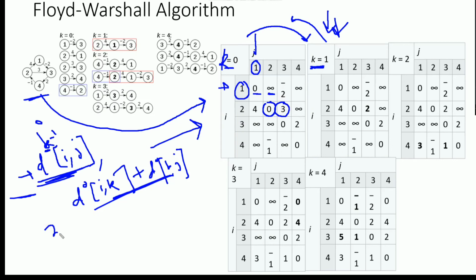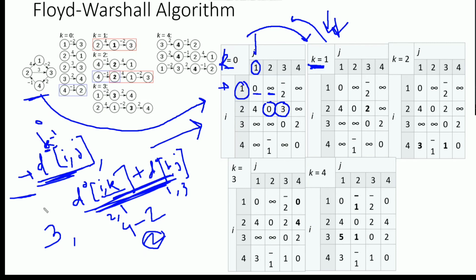And if we use vertex 1 as an intermediate, what is the shortest distance value? We need to go via 2 to 1 and 1 to 3. If we see in this matrix, 2 to 1 is 4 and 1 to 3 is -2, so this value is 2.